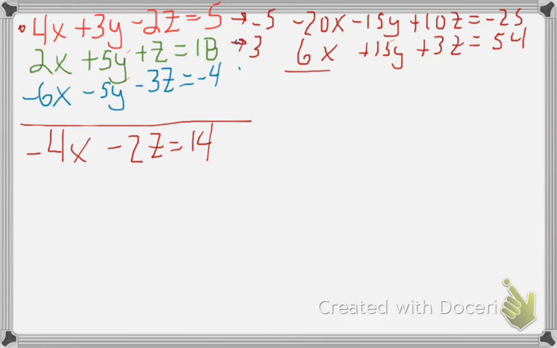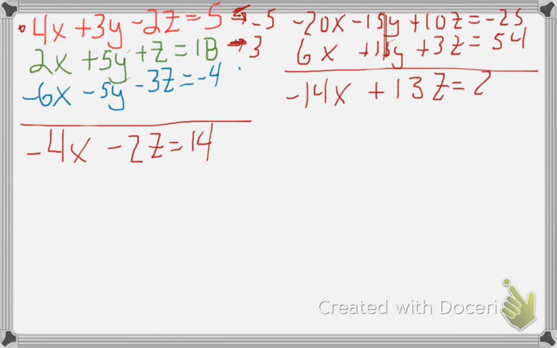So we multiplied the top equation by negative 5 and the second equation by 3, and it yielded two new equations here to the right. Let's add these together. So now we're going to get negative 14x. Notice the y's cancel out. We have plus 13z, and that's going to equal 29.